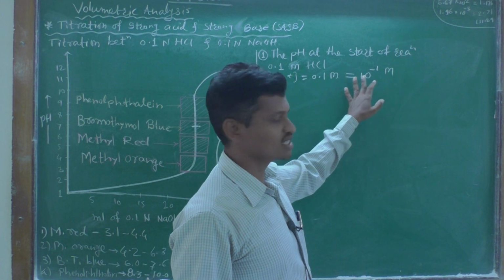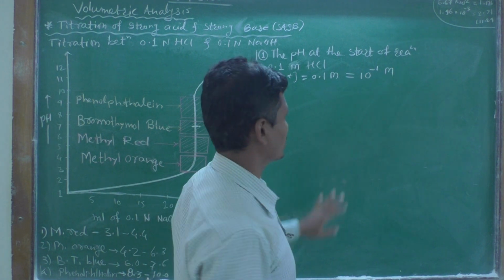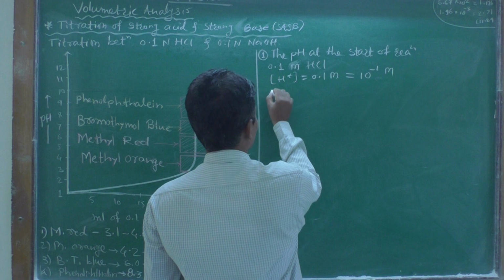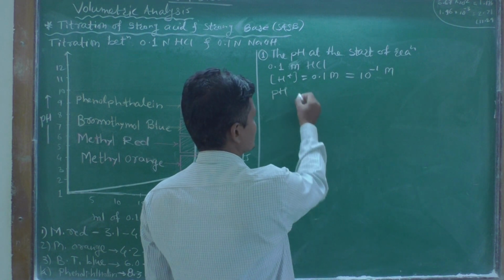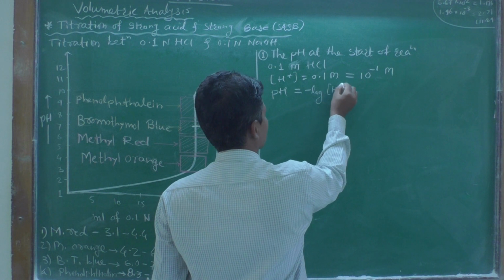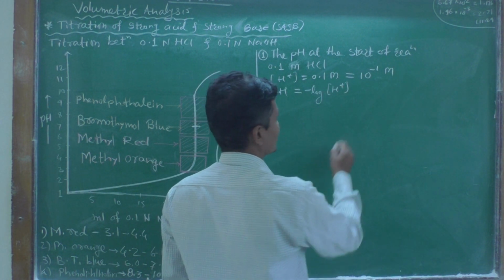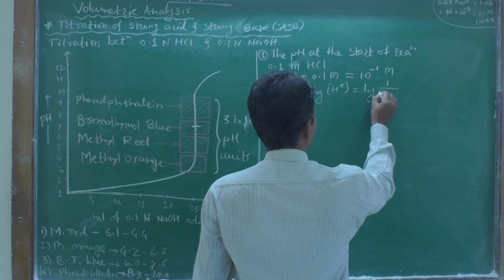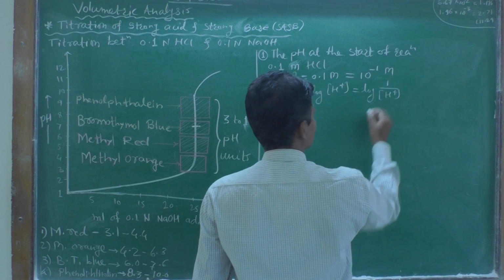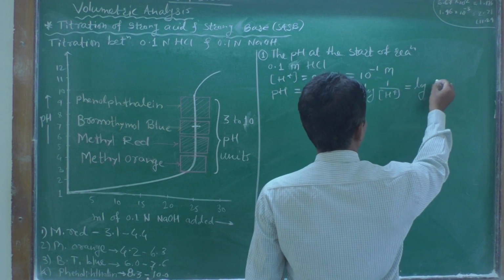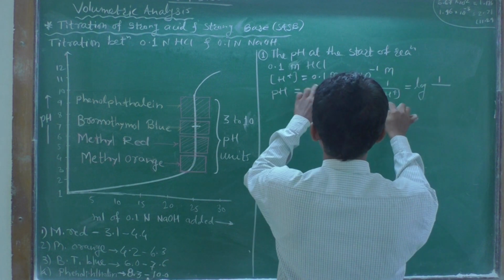Now what is the formula of pH? pH is equal to minus log to the base 10 of H plus ion concentration, that is nothing but log to the base 10 of 1 upon H plus ion concentration, that is equal to log to the base 10 of 1 upon, what is H plus ion concentration?